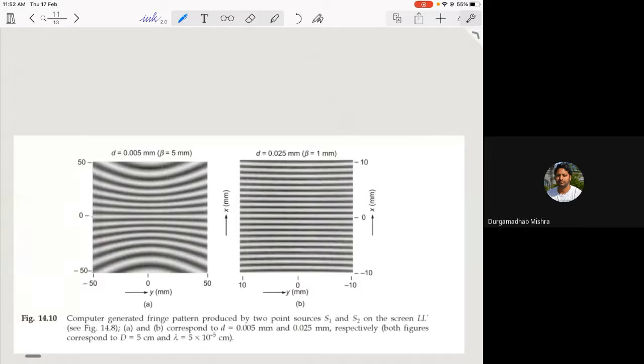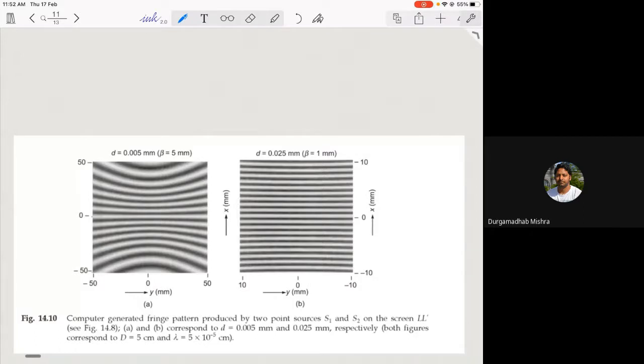On the right hand side, they are varying the distance between the sources, small d. By doing that, it appears to be straight line fringes, but ideally they are hyperbolic. Okay.